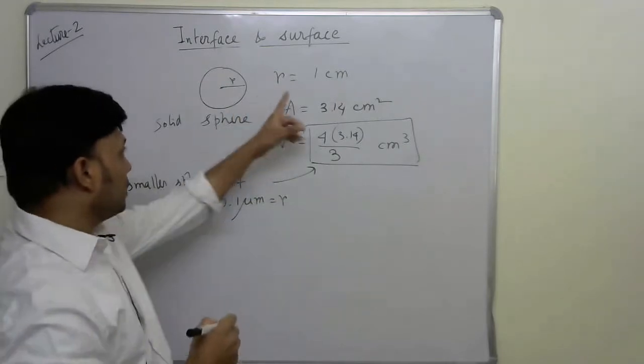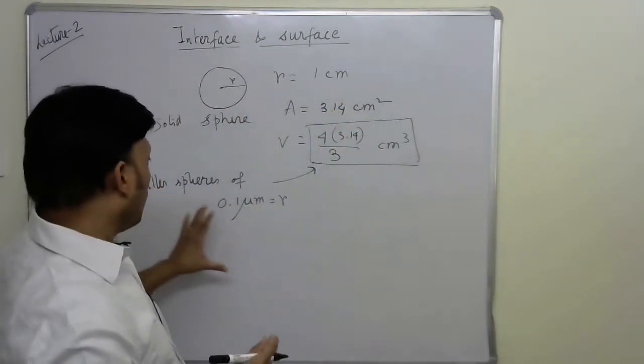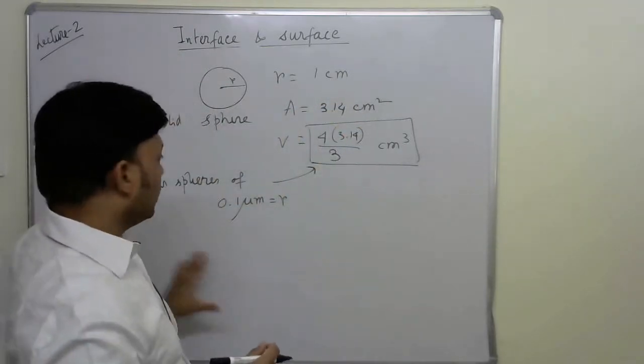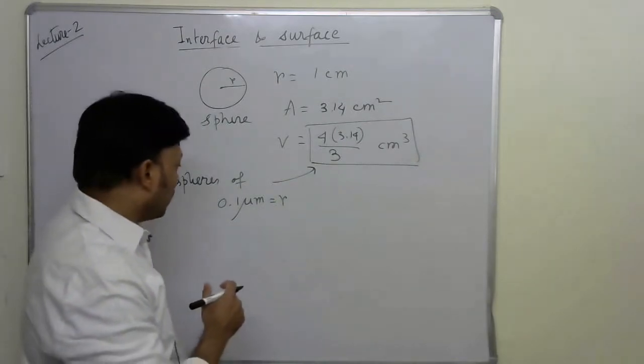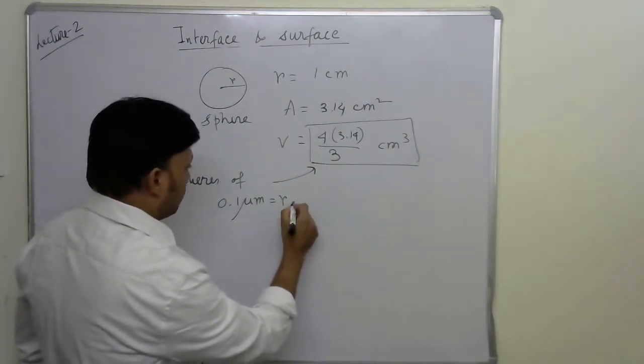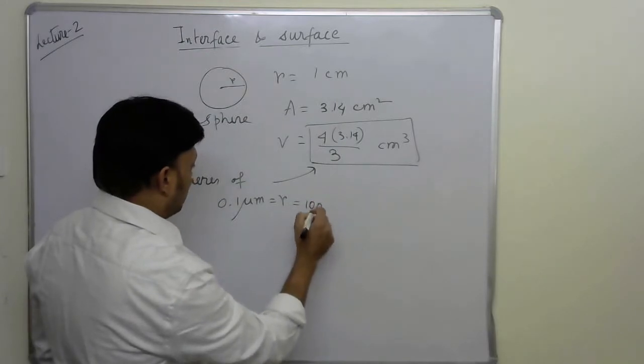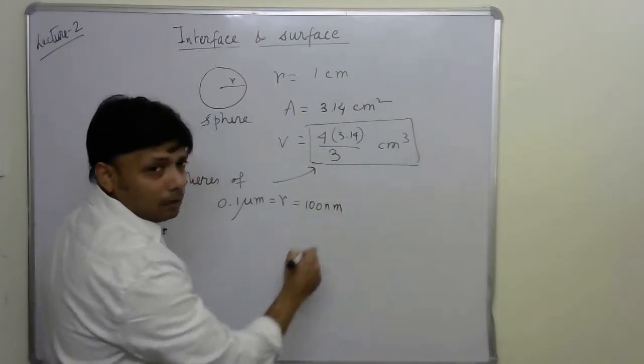Okay, so here r is equal to 1 centimeter. Now I want to fill this sphere with smaller particles of radius r equal to 0.1 micron. So 0.1 micron essentially means 100 nanometer. Okay.